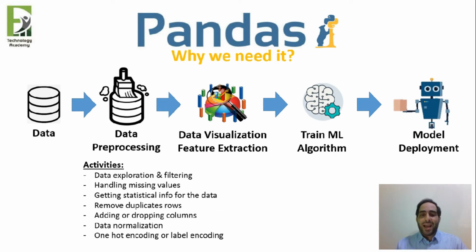All of these activities we usually do in data pre-processing. This is a very important step. That's why we are going to spend some time on learning how to do data pre-processing. Data pre-processing is one of the most important steps if you are planning to do a data science or machine learning project.